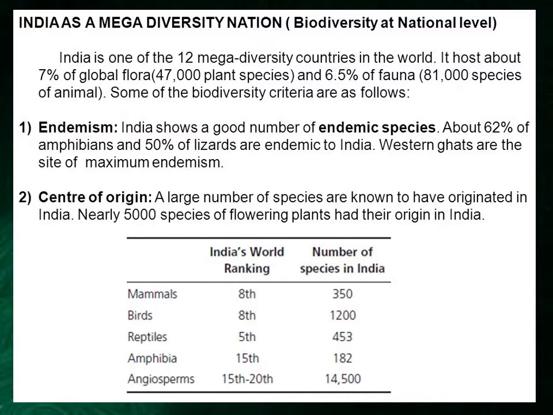They have nearly 5,000 species in India. So you can get an idea about the vastness, the huge variety of life forms found in India, although the areal span of India is not much higher compared to many other countries of the world.